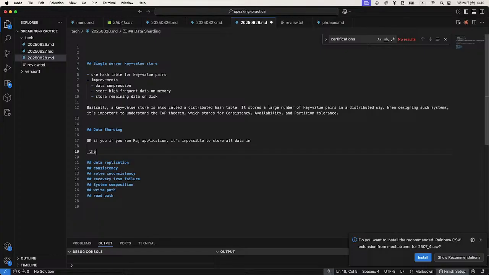The simplest way is to split data into small partitions and to store them in multiple servers.